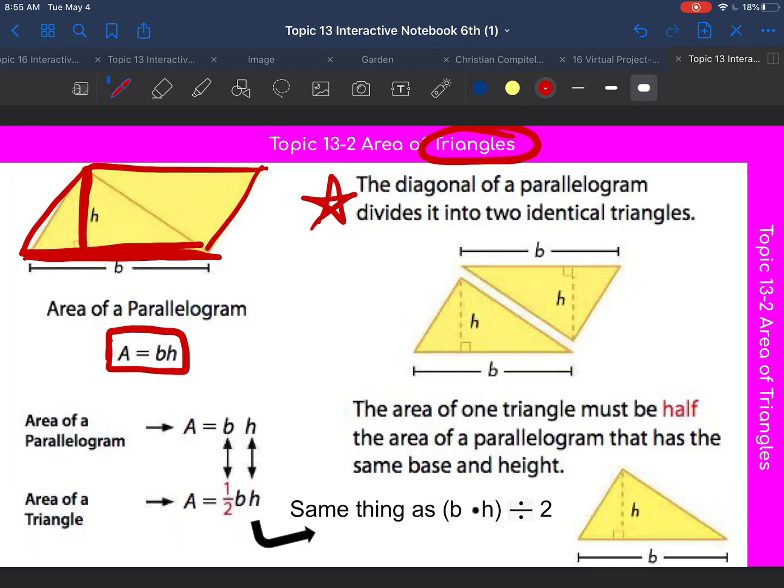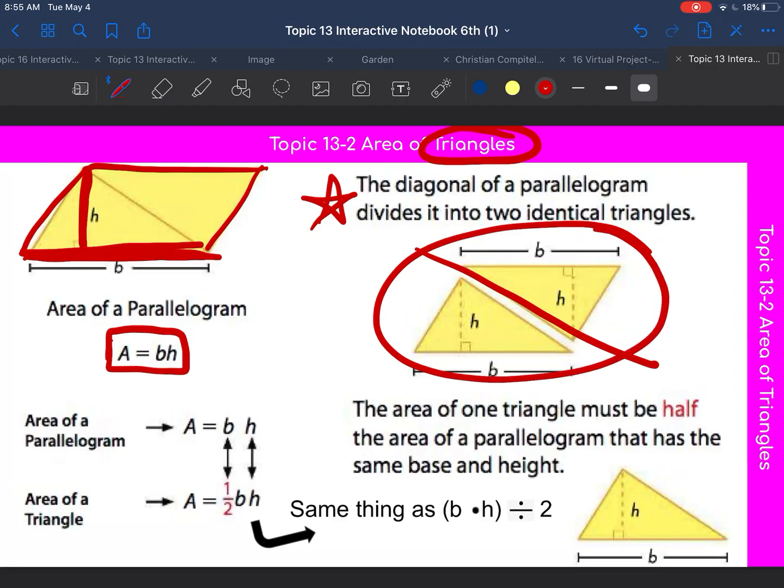So think about this. The diagonal of a parallelogram, if we were to split it like this, divides it into two identical triangles. So if this whole entire parallelogram's area is base times height, what would it be to find half of that area?